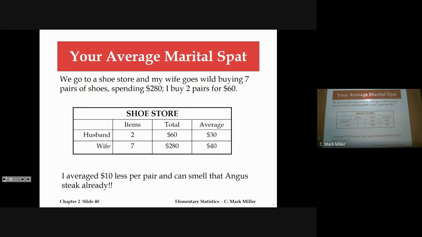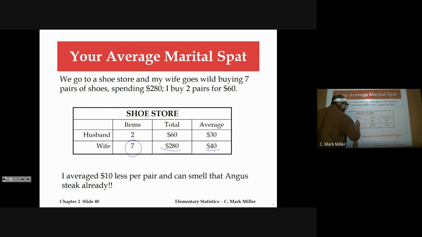We go to a shoe store, and naturally my wife goes bonkers, right? 7 pairs of shoes. Spends $280, which is $40 per pair of shoes. Okay. Me, since I spend my money wisely, right?